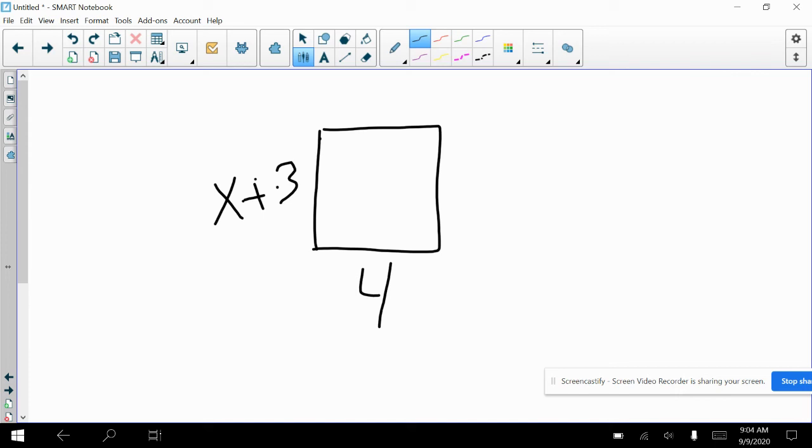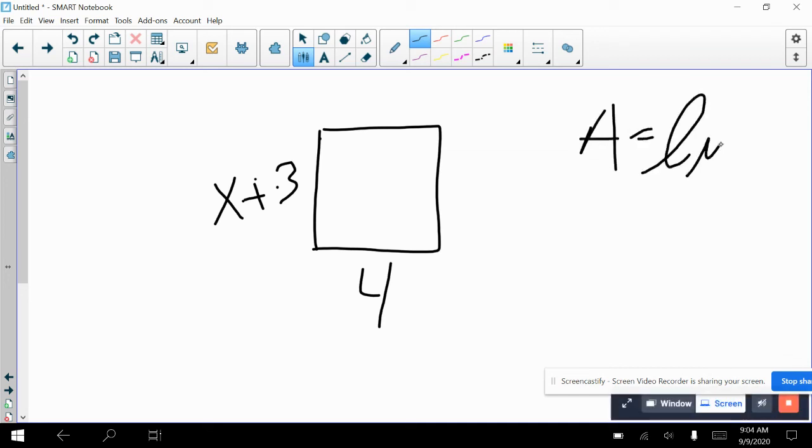Your cheat sheet is there. Do we know what the formula is for the area of a rectangle? Nobody knows. Emma knows. Emma: Area is equal to length times width. That is correct.